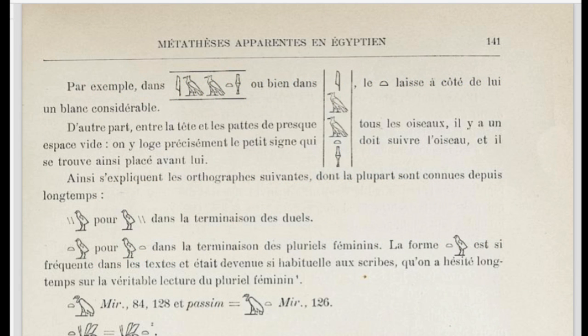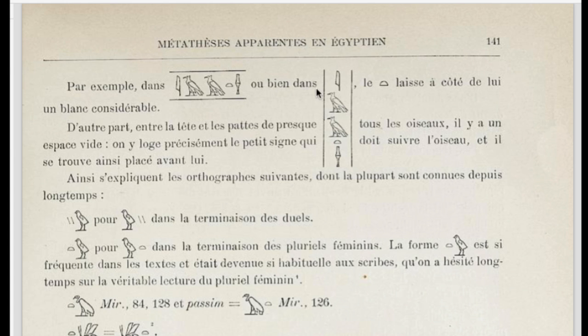So this is where we are. I know you can see my cursor. So he's saying, for example, par exemple. Now, I can't pronounce French, but I'm familiar with French words from doing this for a while. So, for example, he says, in this particular row, we have the reed leaf, vulture, vulture, raised bread loaf, and a scepter. Okay?